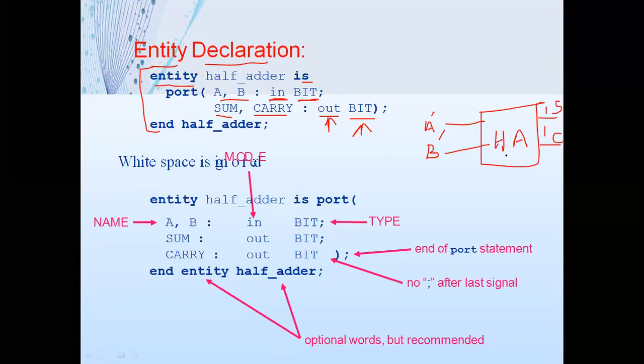The half adder adds two binary numbers and provides two output signals, sum and carry. With that information, you can declare the entity for the half adder model.